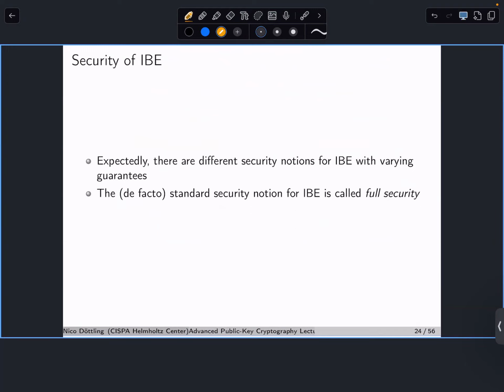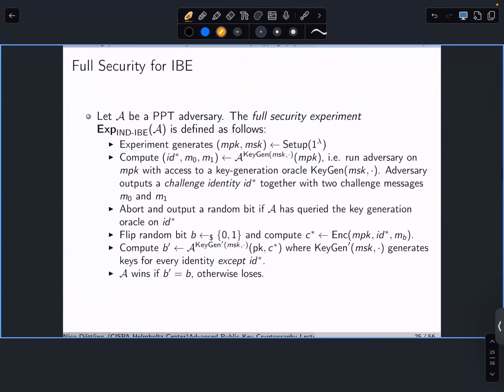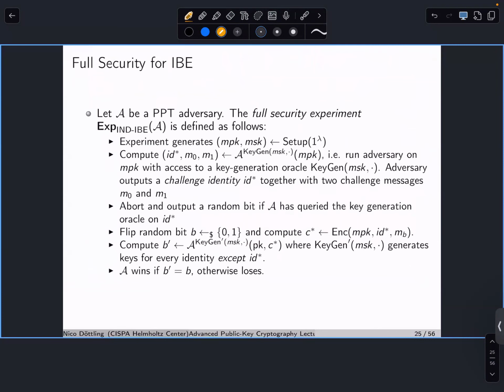That's typically the strongest security notion that we're asking for. And as usual, we define this via a security experiment, somewhat analogous to CCA security.